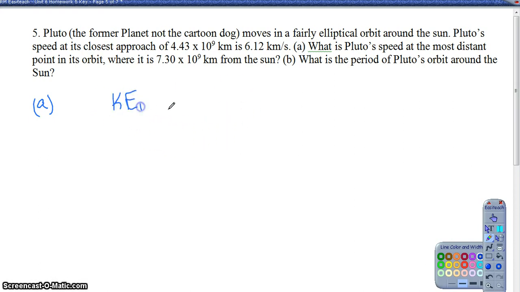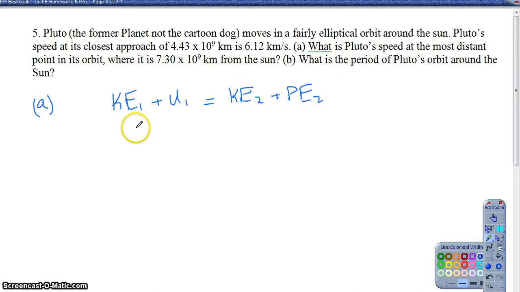So the kinetic energy plus the potential energy at some point in the orbit needs to be equal to the kinetic energy and the potential energy at really any other point in that orbital path. Since they give me pieces to 3 of the 4 here, hopefully we can then find the 4th and final missing piece, to find our speed at that most distant point.